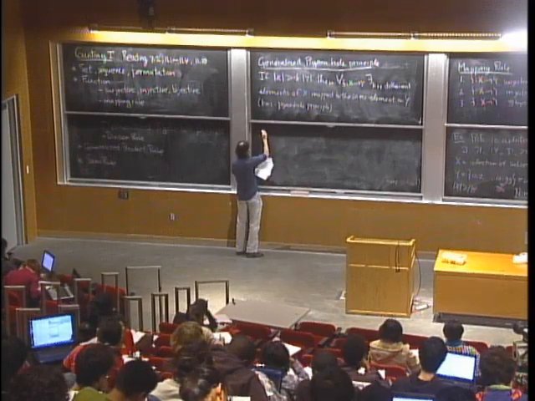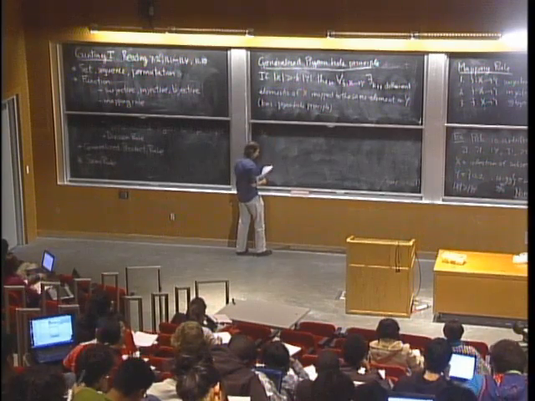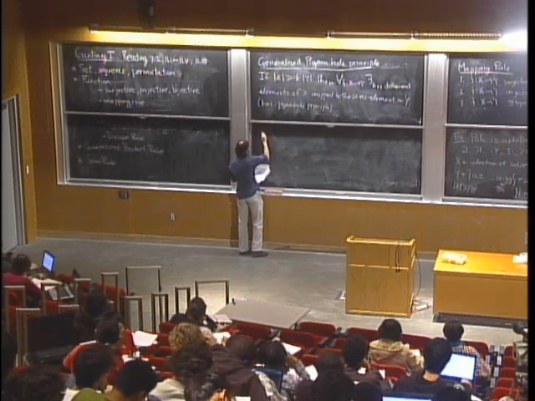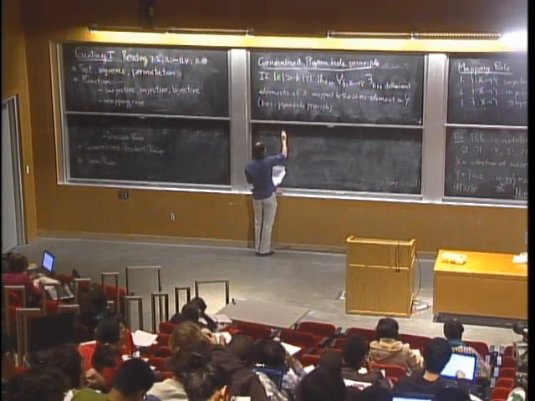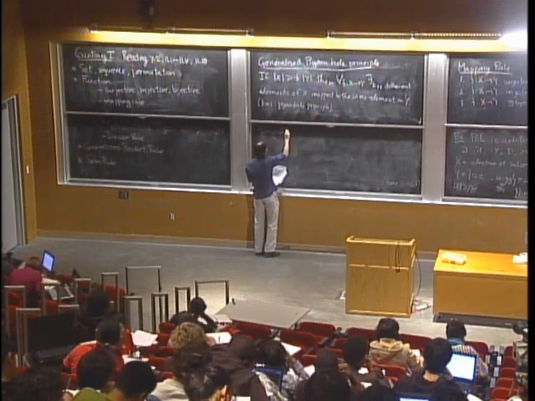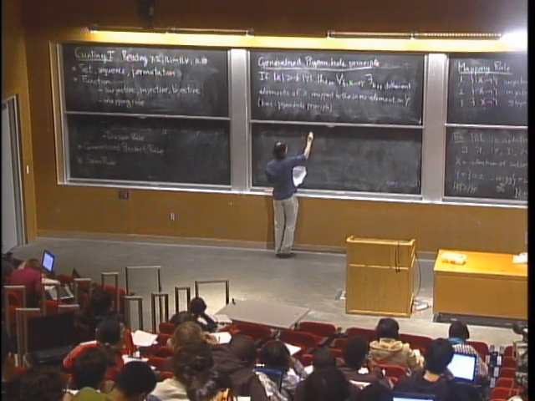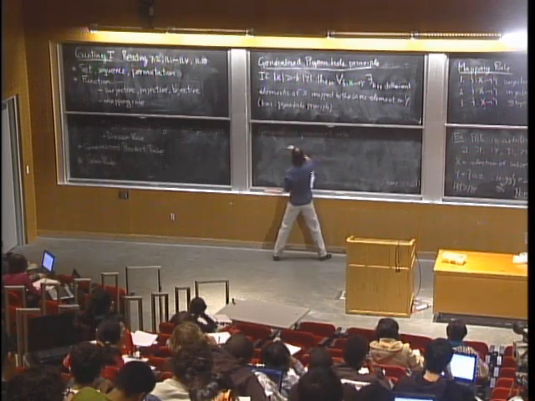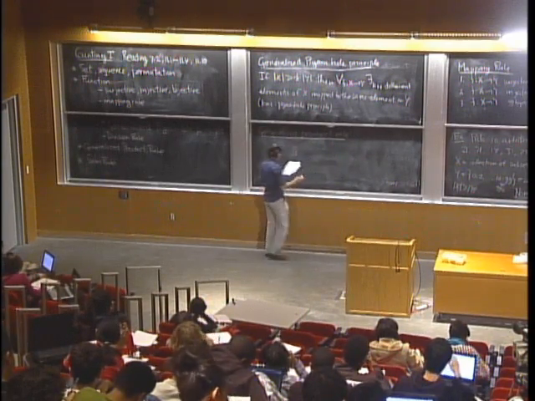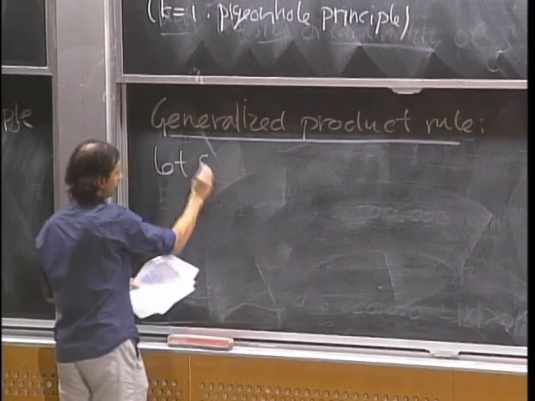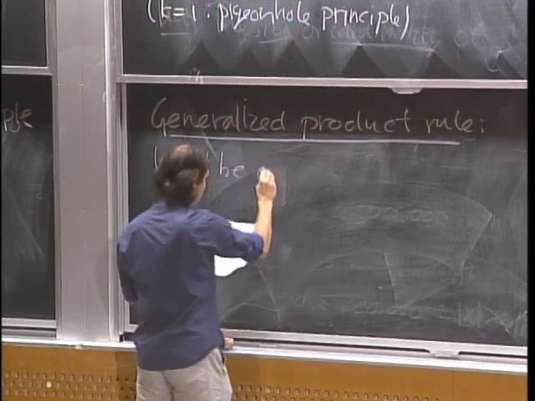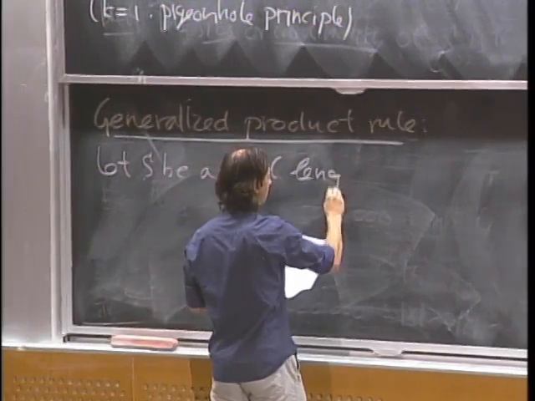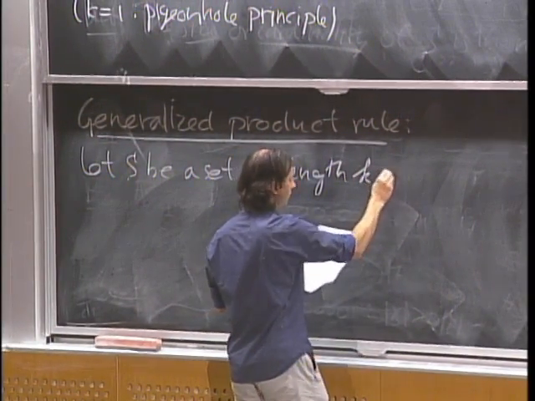Well, if we know the following property, so let me first write out the generalized product rule is as follows. Let S be a set of length k sequences.